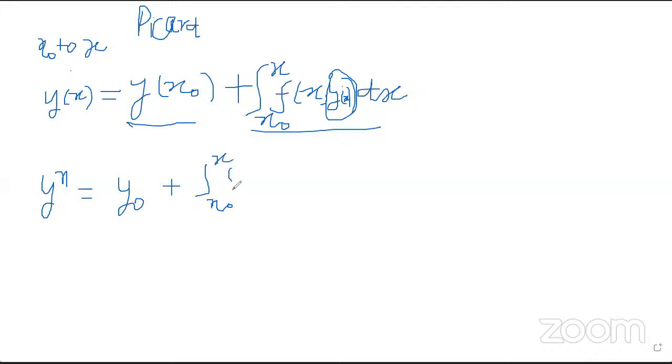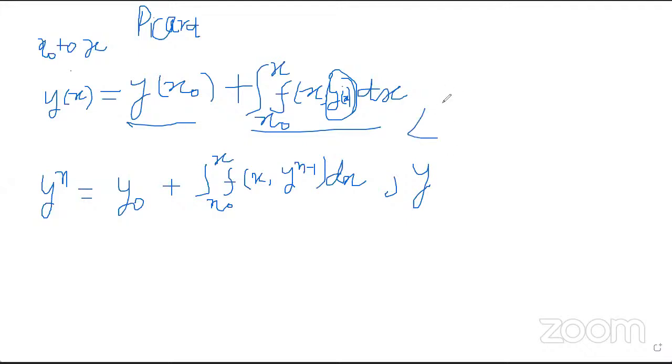of f(x, y n minus 1) dx. And also, as I told you, we require the first term of the sequence.